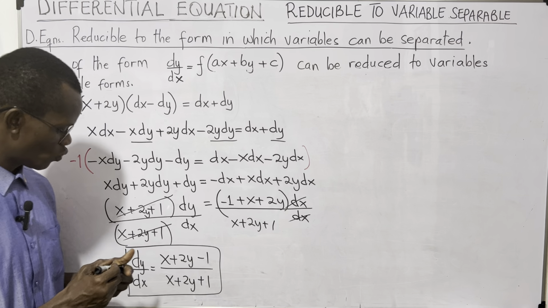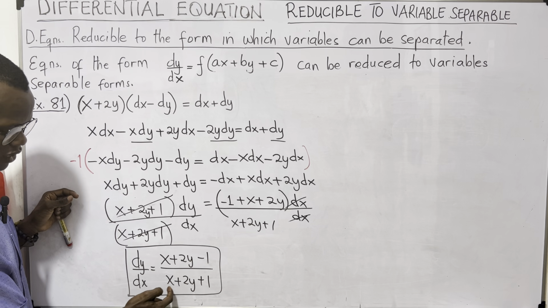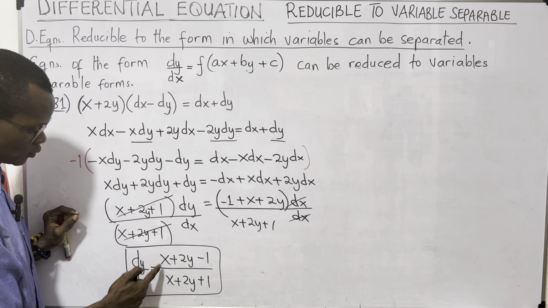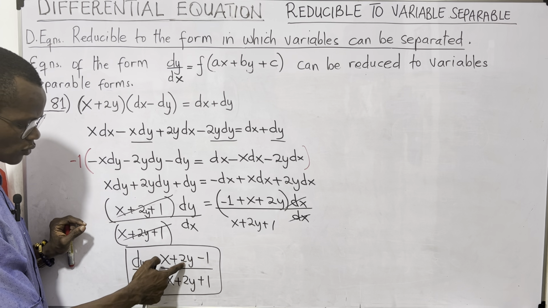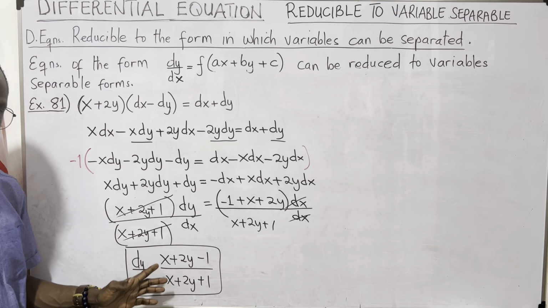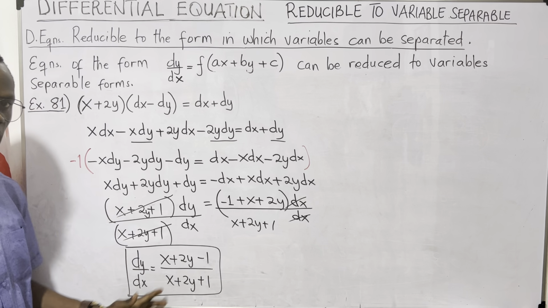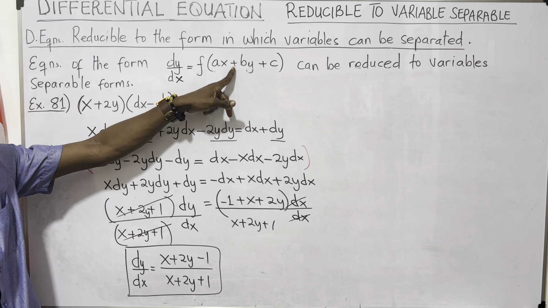But again, we cannot separate the variables. If we cross multiply dy by x plus 2y plus 1, dx by x plus 2y minus 1, we cannot separate all of the x and all of the y expressions. So we bring in this substitution.